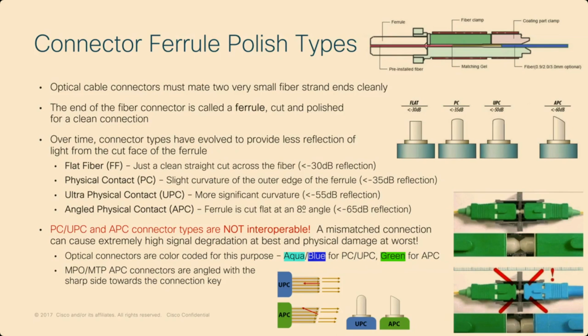But nowadays, for the highest speeds and for things like 400 gig, typically what you're going to find is something called an angled physical contact. This is where we slice the cable at an 8-degree angle. It gives us even less light reflection than the ultra physical contact did.